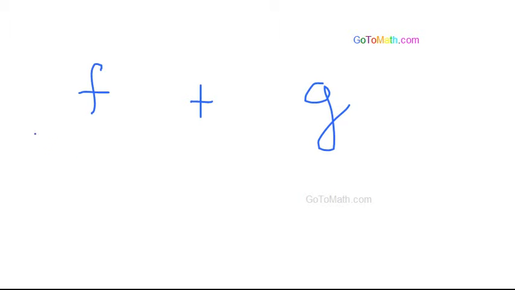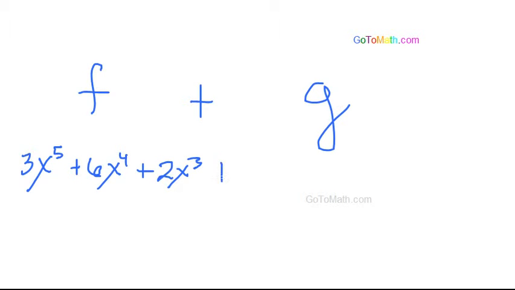Alright. So f was 3x to the 5th plus 6x to the 4th plus 2x cubed. Plus 10x to the fifth.